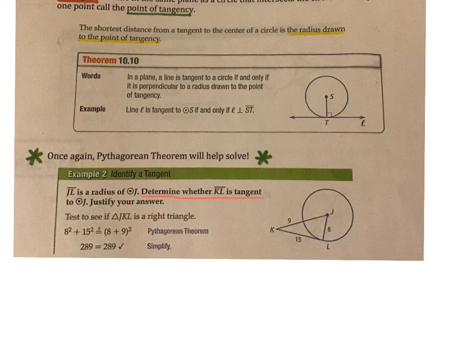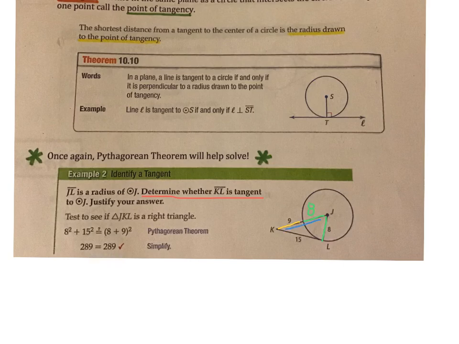Now I want to show you this little situation, and you may run across this here and there. Notice if I go from J to L, I have a radius. I also have from J to the side another radius. And if you look, you'll see that this equals 9. So we had to put both 8 and 9 together to get that side of the triangle.